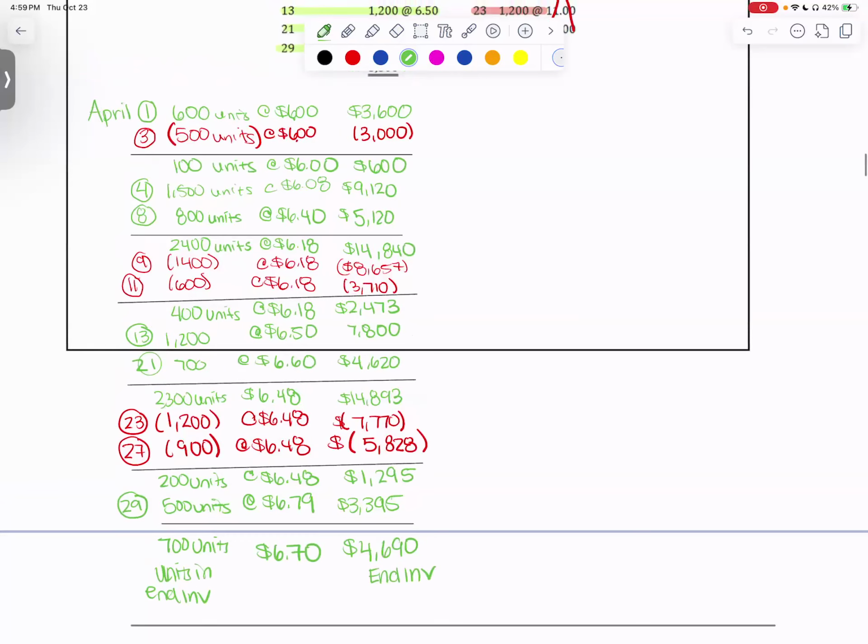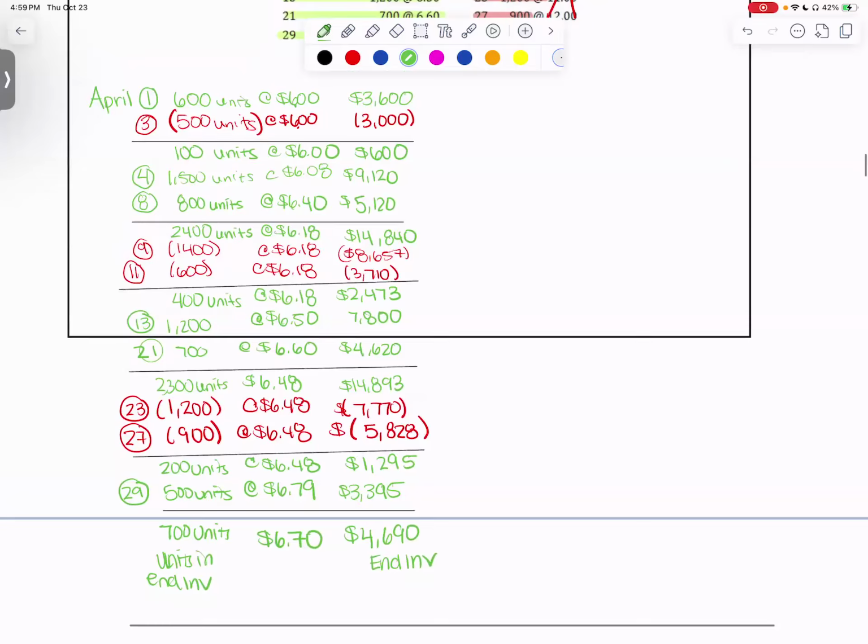So to check, to calculate all of our cost of goods sold, we can add up all of our cost of goods sold amounts. Here, our cost of goods sold was 3,000. We had 8,657, 3,710, and these 2 sales down here.